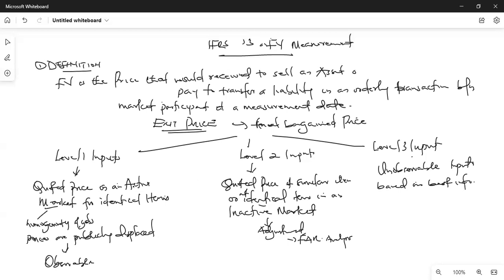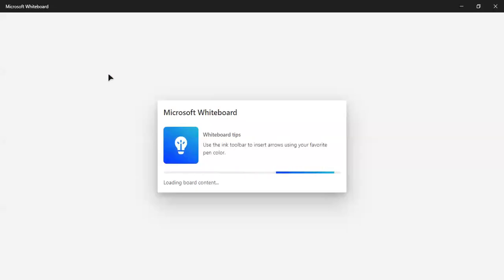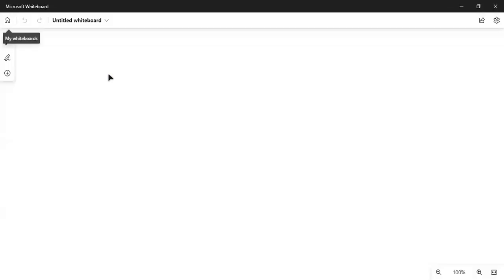All right, so this is what fair value is about. There is no mathematical computation around it. And what you need to understand is that in terms of fair value, we are talking about recurring fair value. If you remember when we were doing IAS, we have the recurring basis, right?